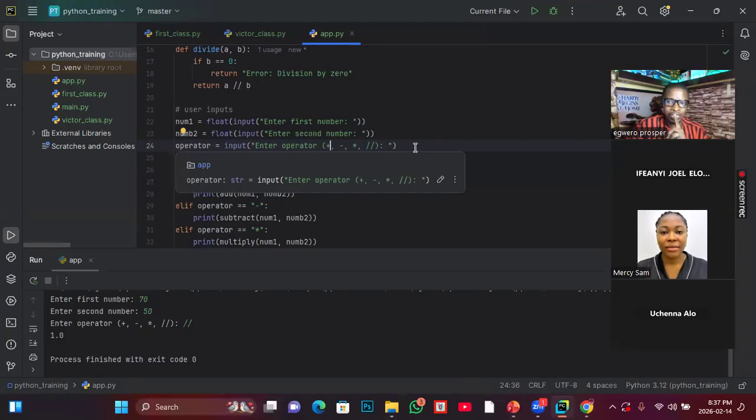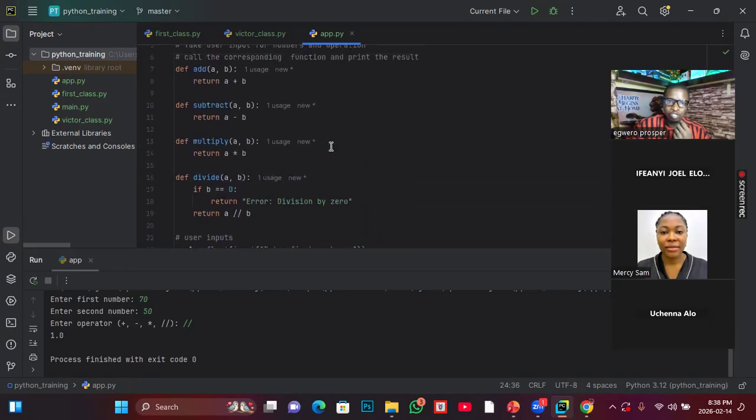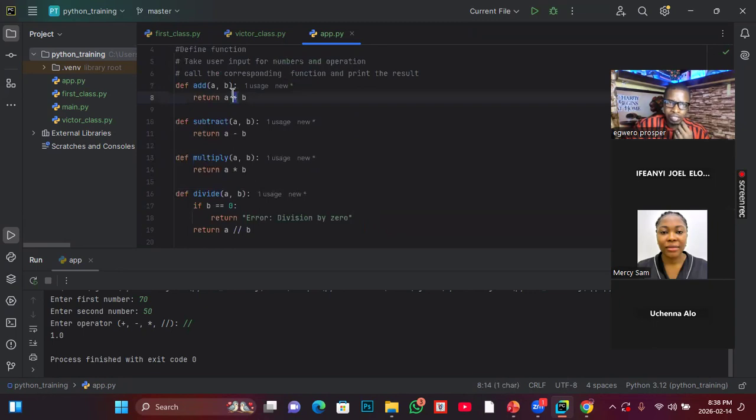That was why we were getting that invalid operator or operation. Now, what we did is to come back and receive them, acknowledge them from the user by saying input, enter. So if the person enters plus, this plus that this person is entering here is going to tally with this. So there are 3 places where you need to meet that criteria.